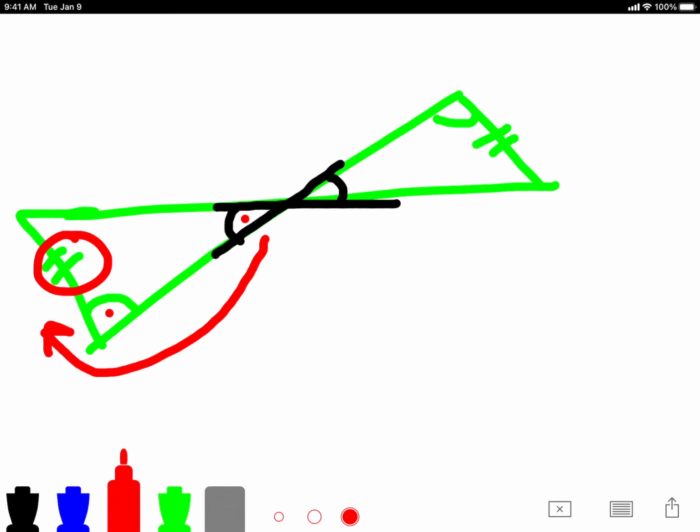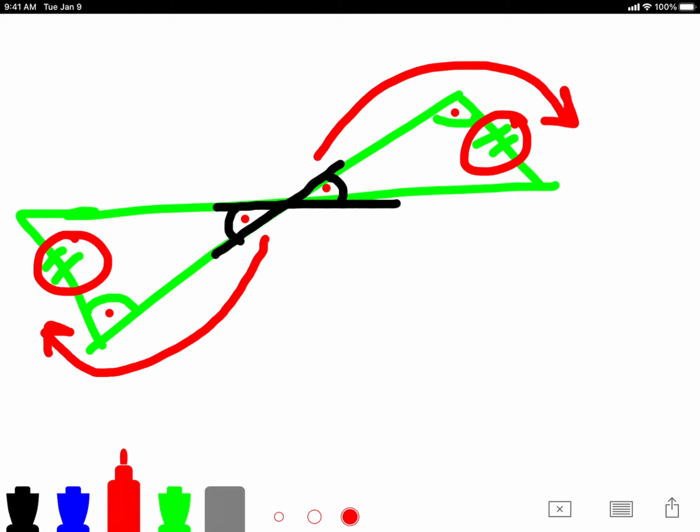Here is my first angle, my second angle, and my side. Rotating this way, huh? So we're finding two angles and then a side. And that's all we need. Two angles next to each other and a side that's not between them.